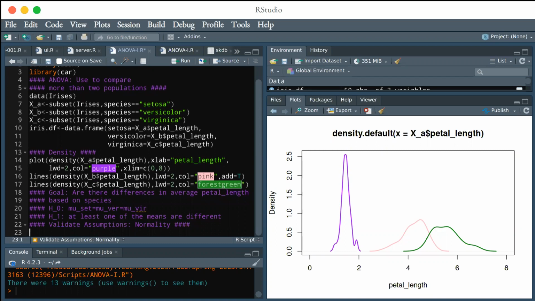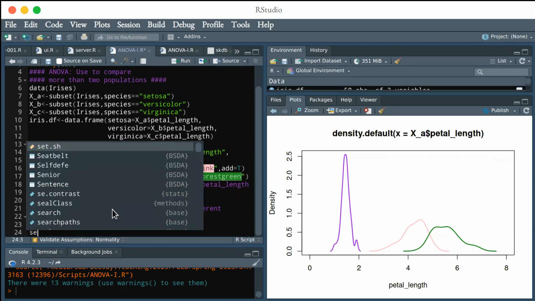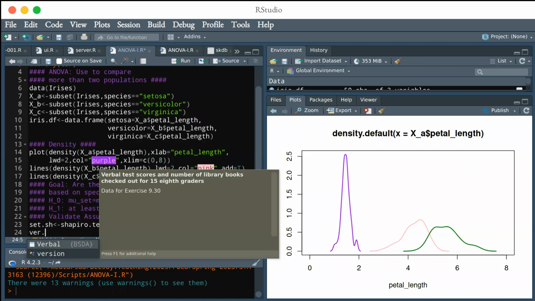Okay, Shapiro-Wilk. The first one is for Setosa. The second one is for versicolor.